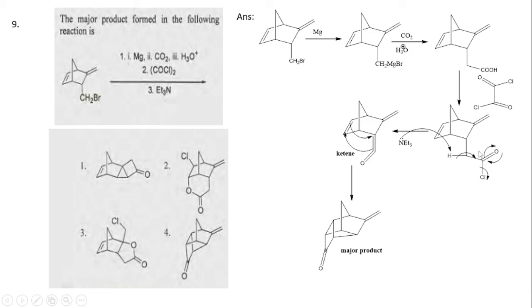Okay, so it leads to the formation of this type of ketene. Then after that, this ketene will be rearranged. Due to this rearrangement, it forms this product as the major product. So option 4 is the correct option.